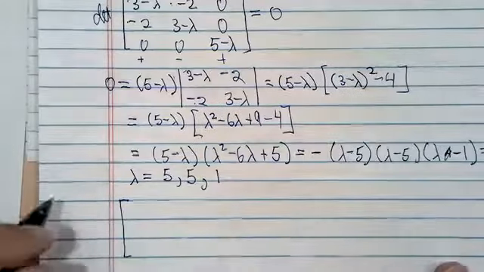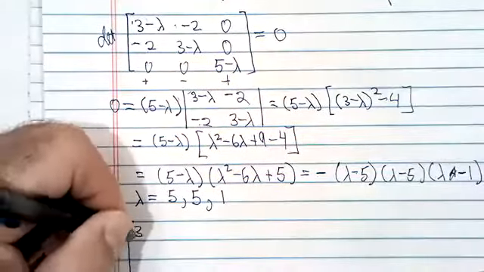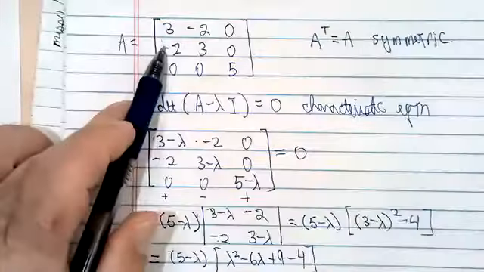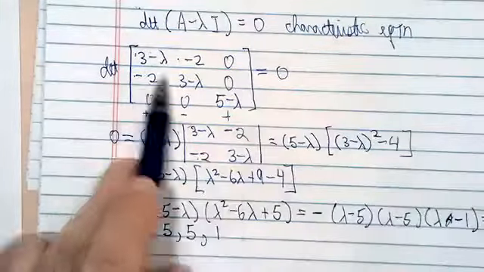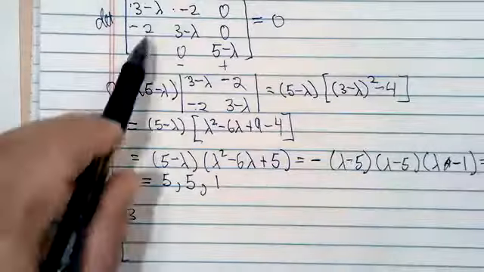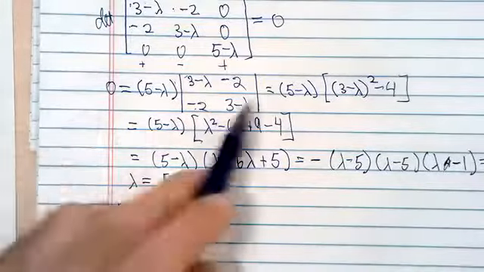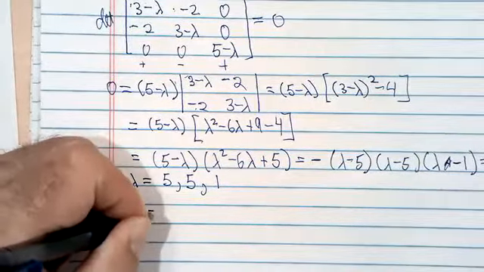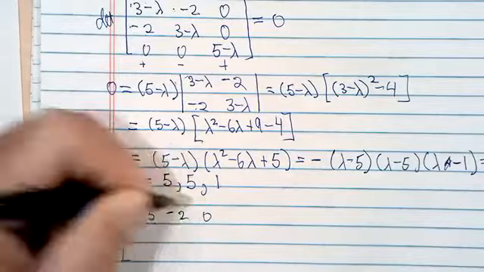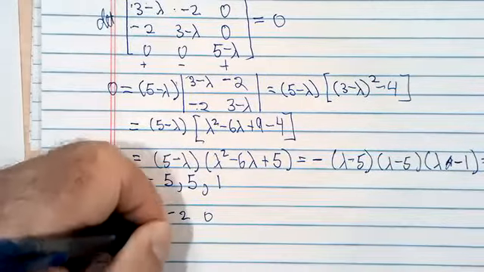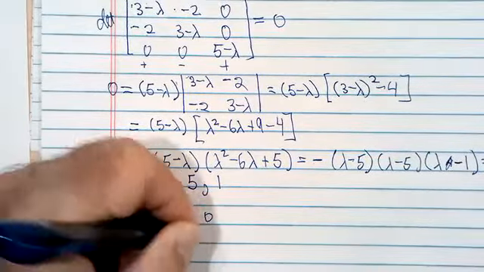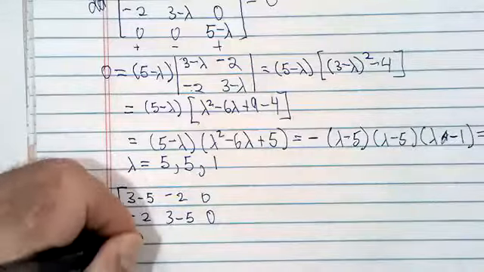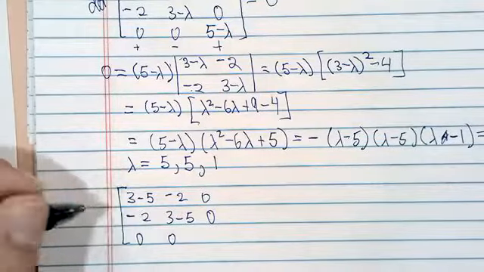So you start with the original matrix, 3 is in the upper left-hand corner here. And well, it's just this thing right here. And I'm going to plug in 5 for lambda. So 3 minus 5, minus 2, 0, minus 2, 3 minus 5, 0, and 0, 0.